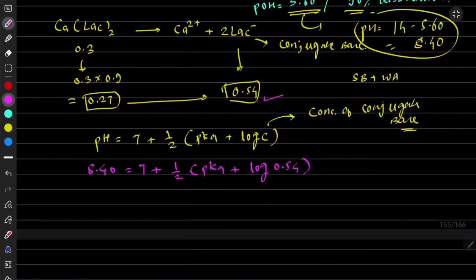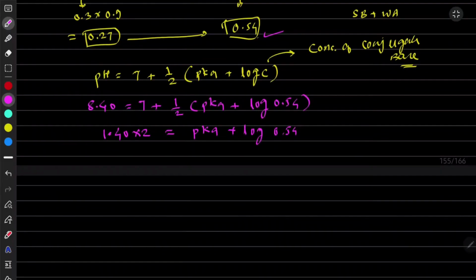So let us solve this one. This is going to be 7 minus... so it remains 1.40, into 2, is equal to pKa plus log of 0.54, and this further is going to be 2.8 equal to pKa plus log of 0.54.